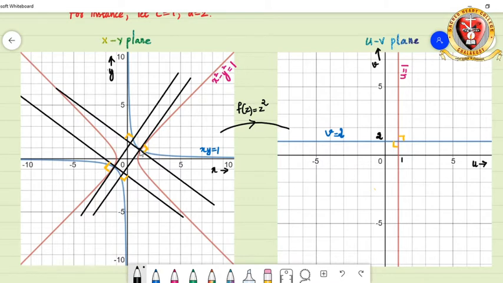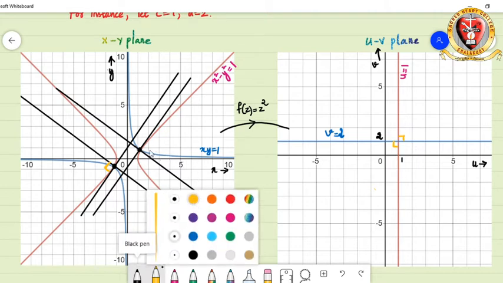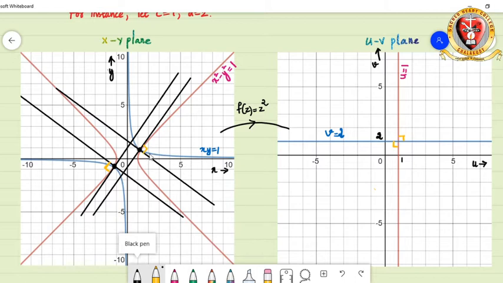Okay. So this is one among the points of intersection, right? And this is also one among the points of intersection. So you are having 2 points of intersection. So when we are thinking about these points, think about the intersecting angles also. In order to find the intersecting angles, what should you do?